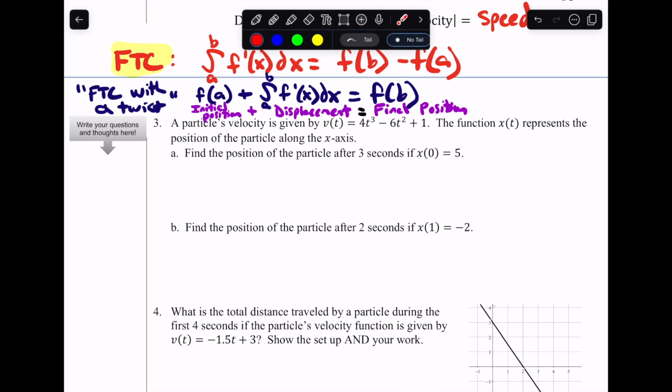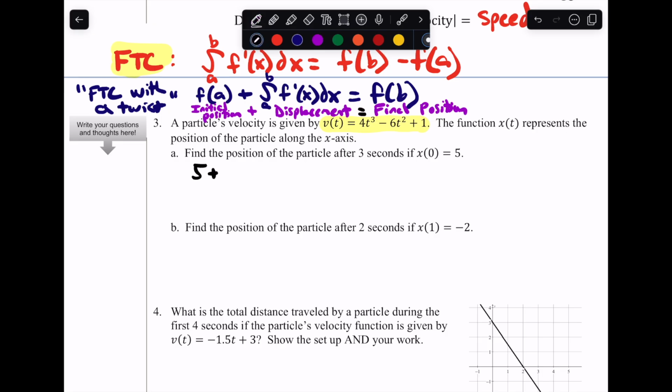Problem number 3, with that particle's velocity that's given to us here in this equation, we know that x of t is the position of the particle along the x-axis. If we find the position of the particle after 3 seconds, if the initial position is 5, thinking about this equation here, my f of a, that initial position is going to be the 5 that we've got.